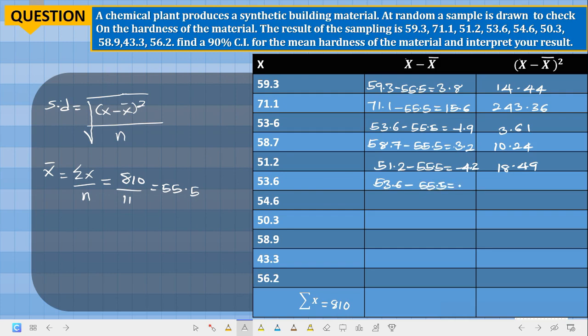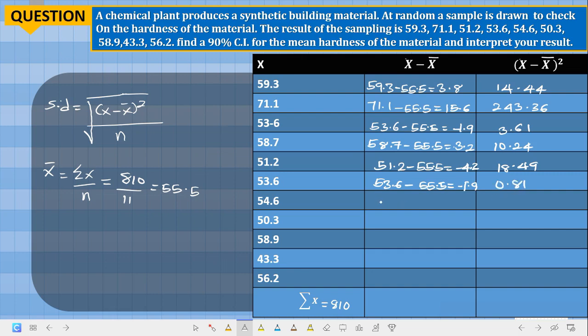When you subtract this, it's going to give us minus 1.9 rather, not 0. This will give us minus 1.9. When you square this, it's going to give us 0.81.